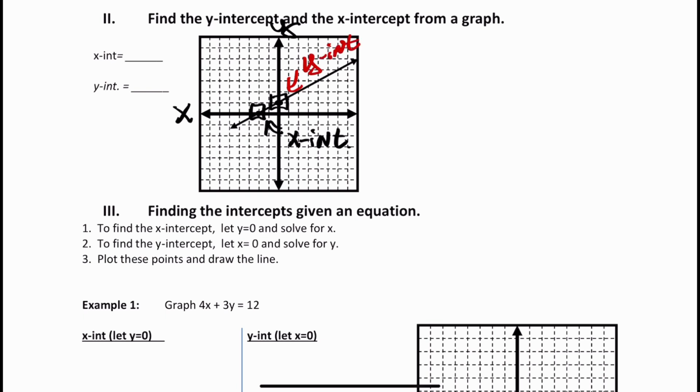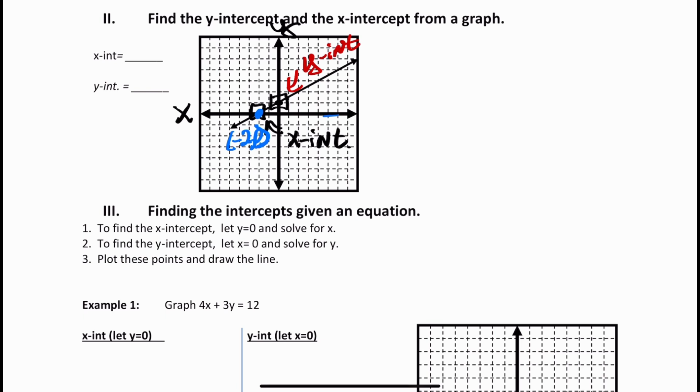So in this example, the point where this picture crosses the x-axis is at -2 on the x-axis and at 0 on the y-axis. And you might realize that anywhere the line crosses the x-axis, the y value of that point would be 0.